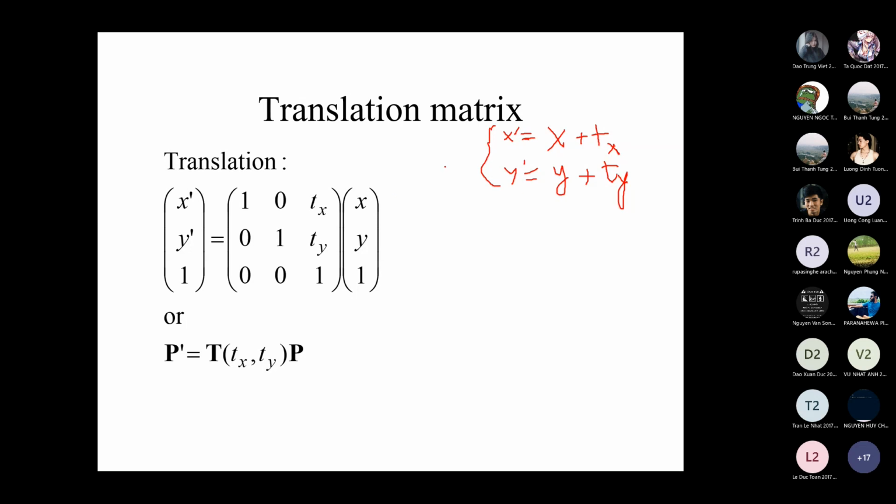So how do we change from this to this? In the homogeneous system, we have the 1 equal to 1, and from this we form the matrix multiplication.